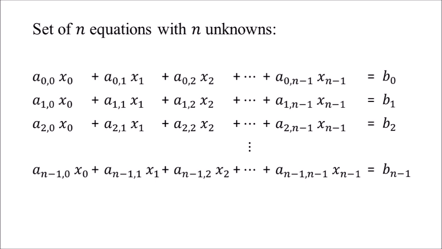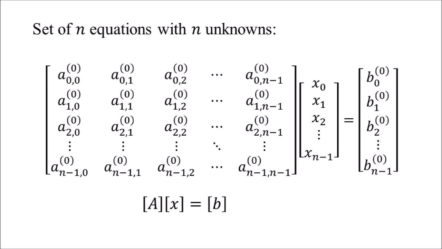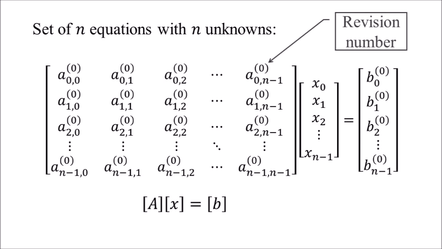N can be any number of equations, not just 3, but 4 or 5 or 10 or 1,000, whatever it happens to be. This is the set of equations written in matrix form. There is a square matrix for the A coefficients, a column vector for the unknown values of x, and a column vector for the known values of b.